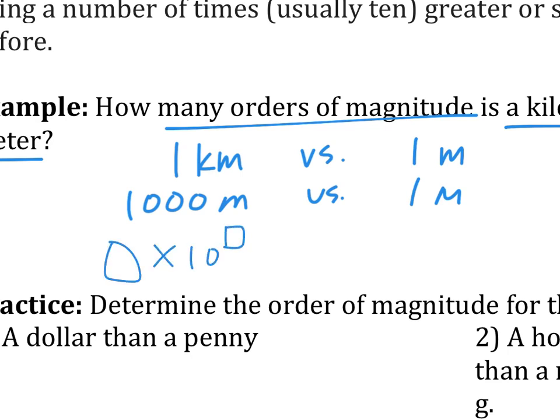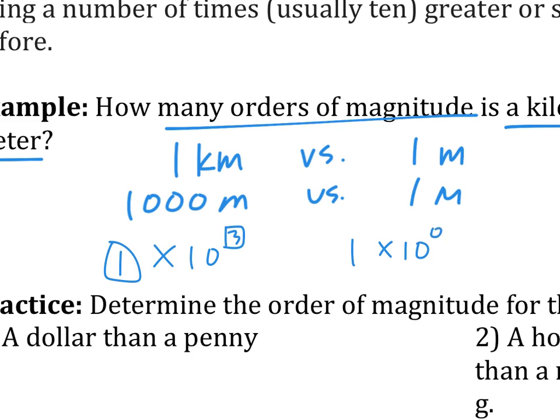Would it be 1 times 10, or 10 times something? Okay, the first number has to be a single digit, not 10 to the third. 1 times 10 to the third. What about 1? 1 is 1 times 10 to the 0.